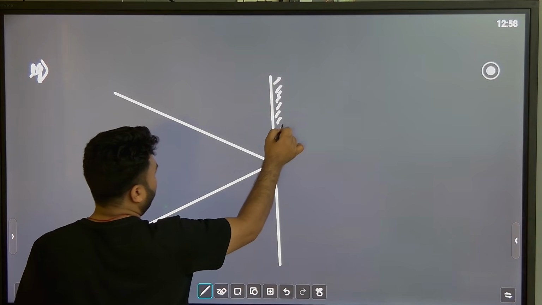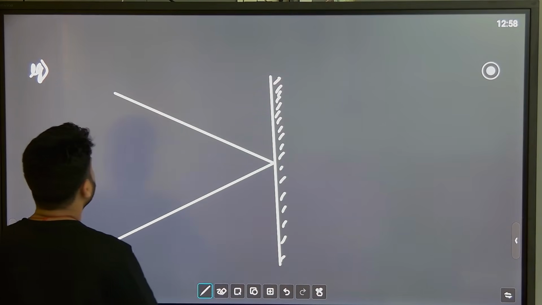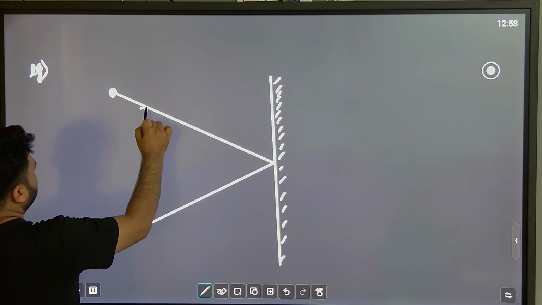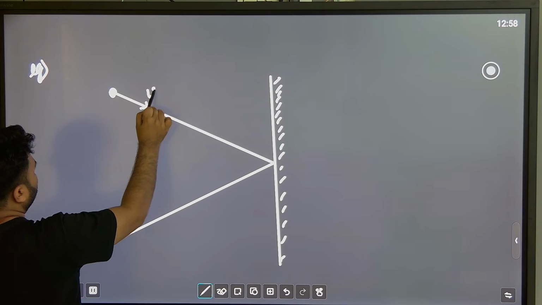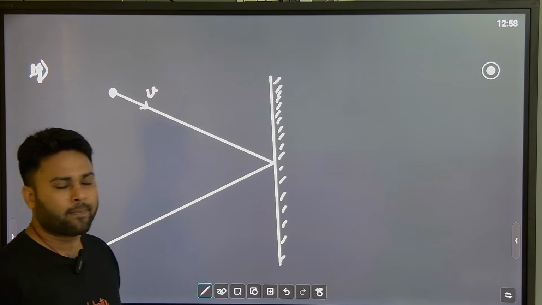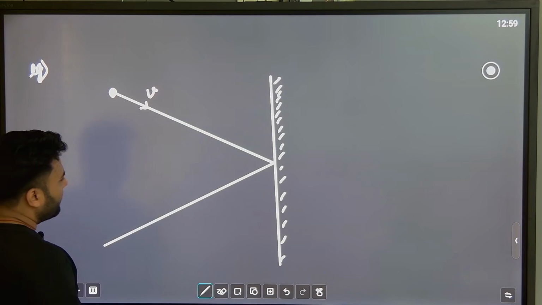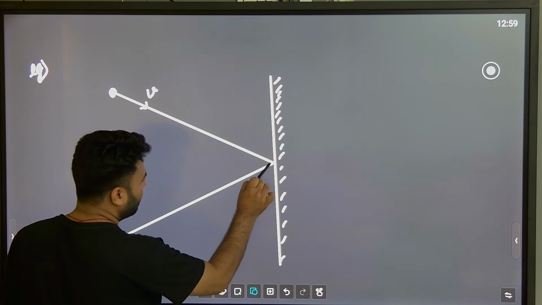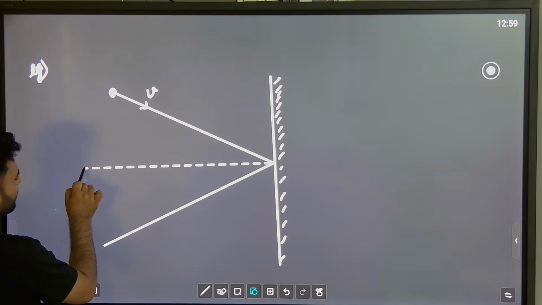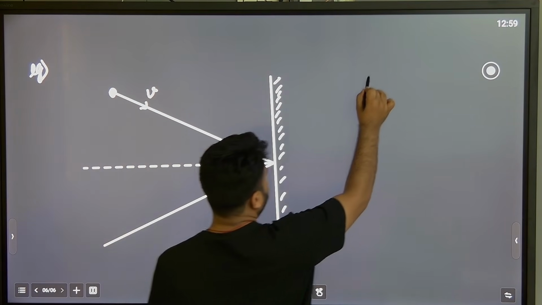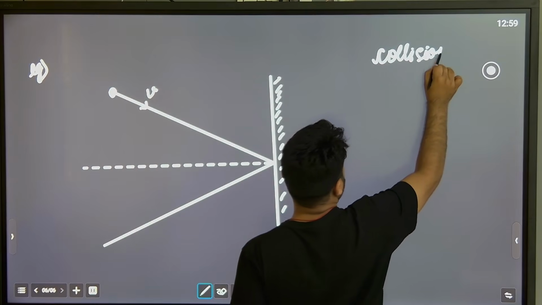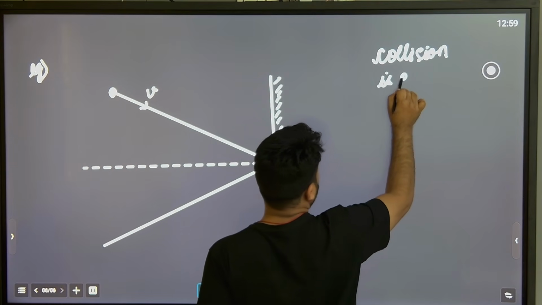First of all, laws of reflection means, or you can say it's given in the question, that the collision is elastic.